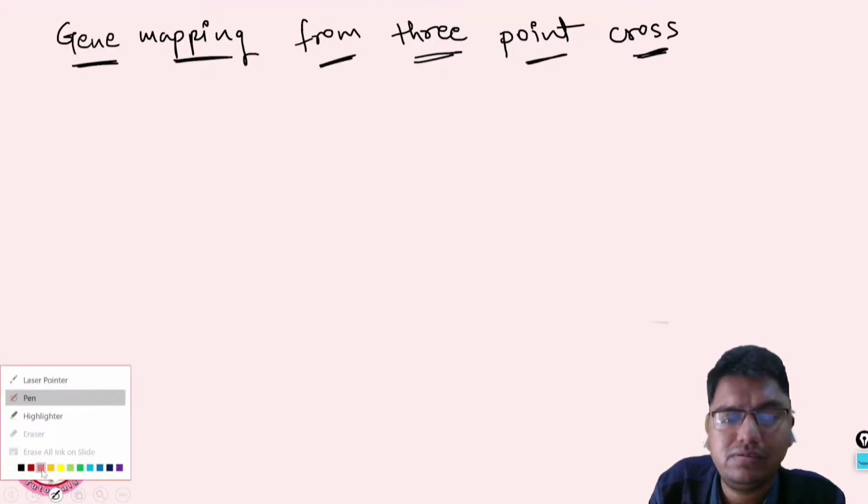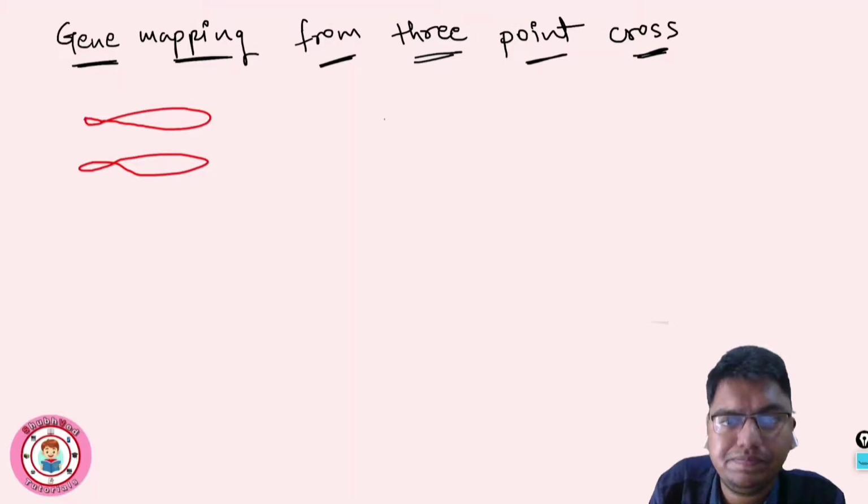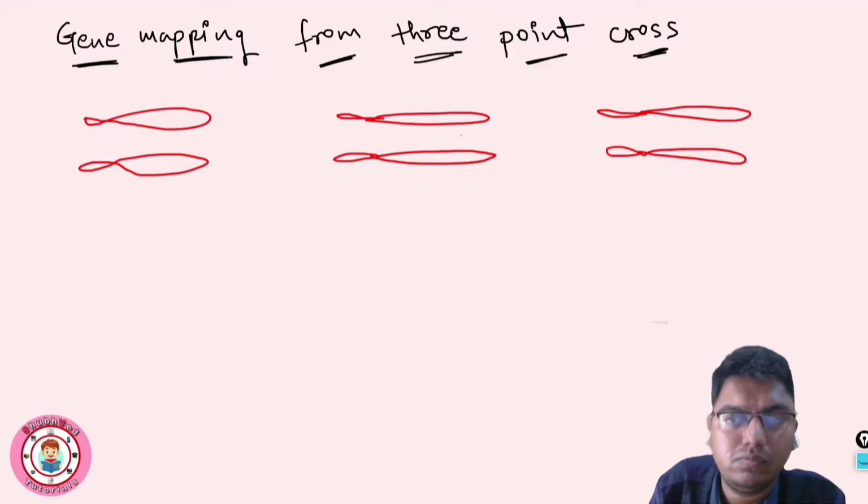So basically, we will see first how is 3-point cross. I will draw your chromosomes. Then, three-point cross.